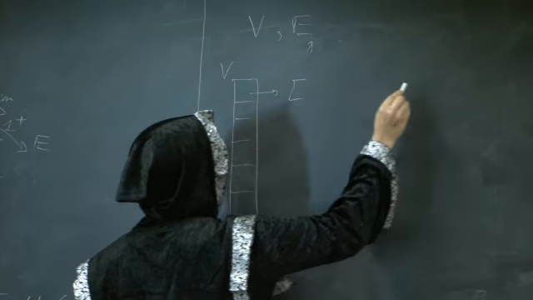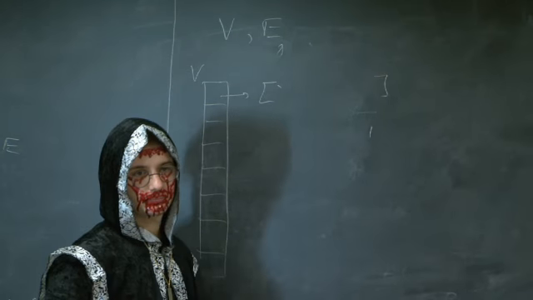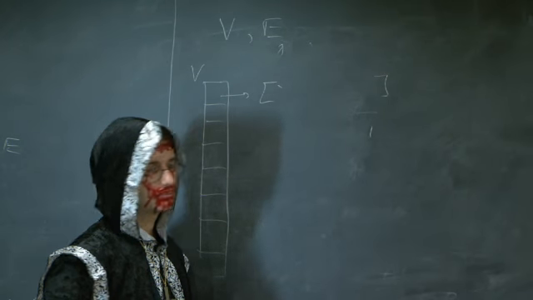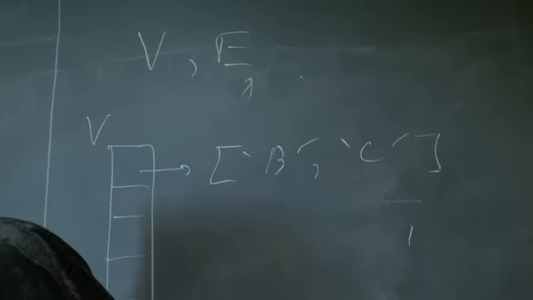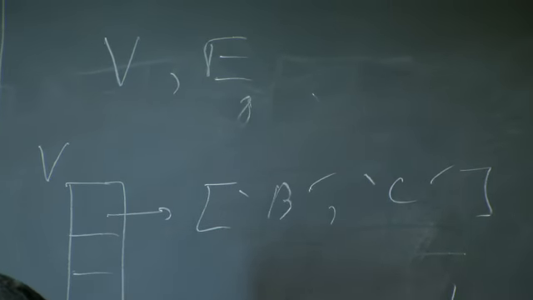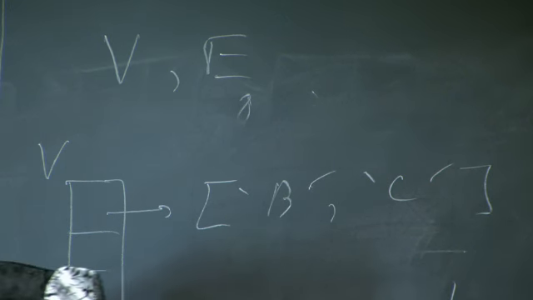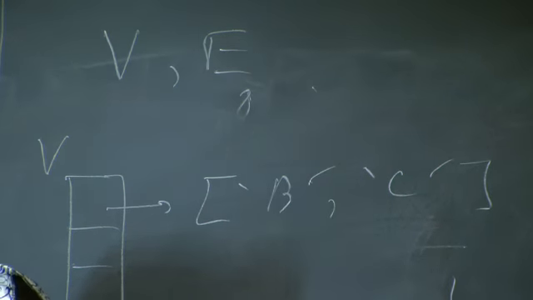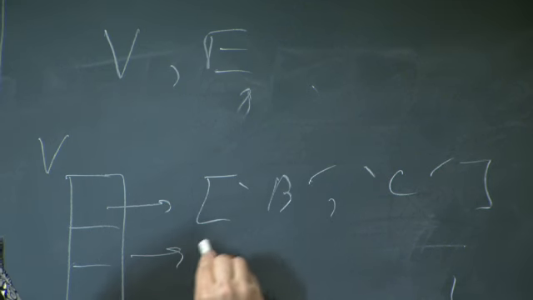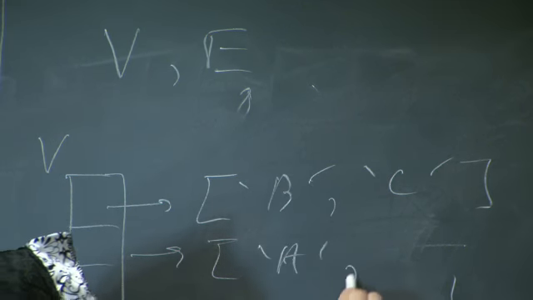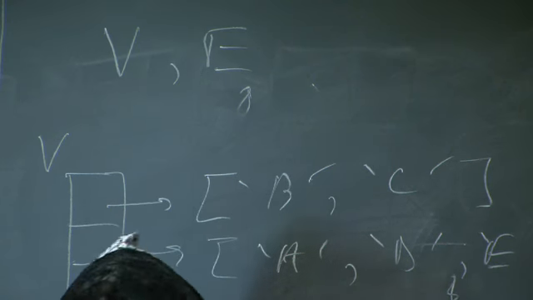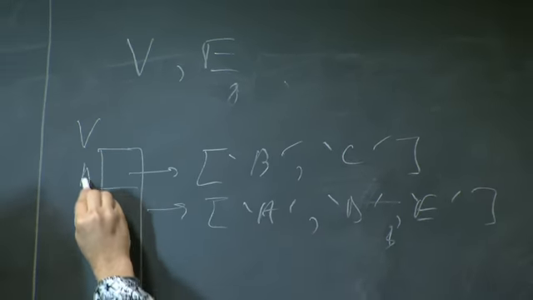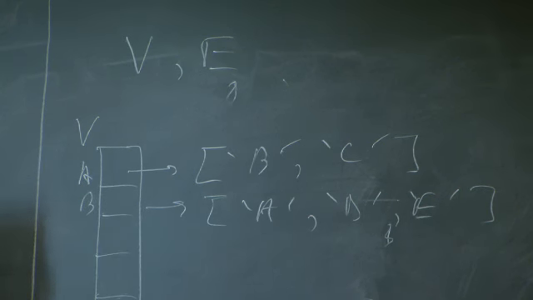So what's the list for A? B and C. Okay, what's the list for B? A, D, and E. Etc. All right, so in Python, it would be a dictionary, right?